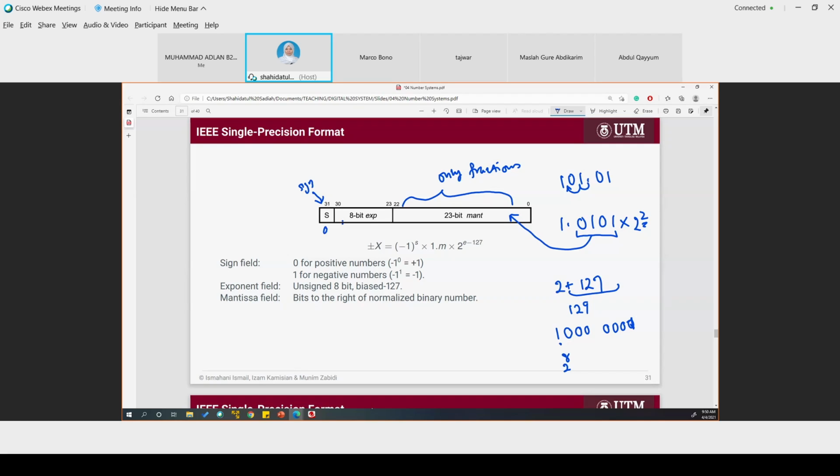When we translate the single precision format to decimal, remember to subtract 127 from this 8-bit value, and this is only the fraction. The integer part is always 1.